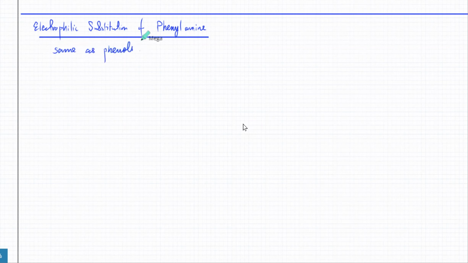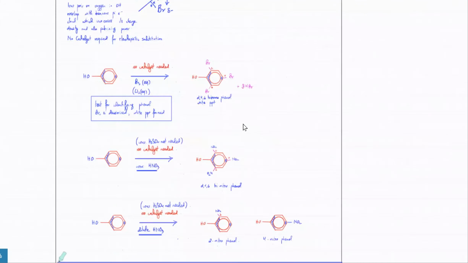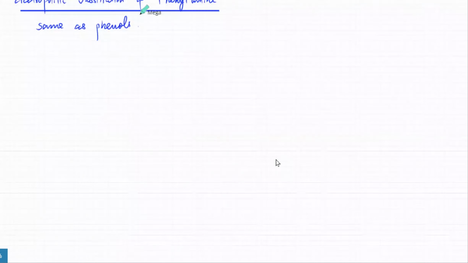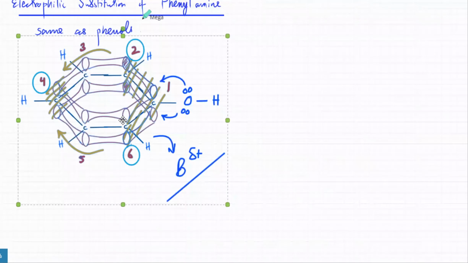So it's going to be exactly the same as phenols. The whole concept of the benzene increasing its charge density would be exactly the same, except you won't have an OH group. Instead, you'll have an NH2 group.